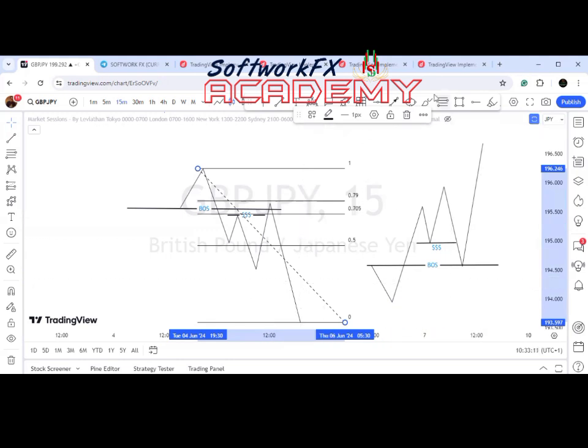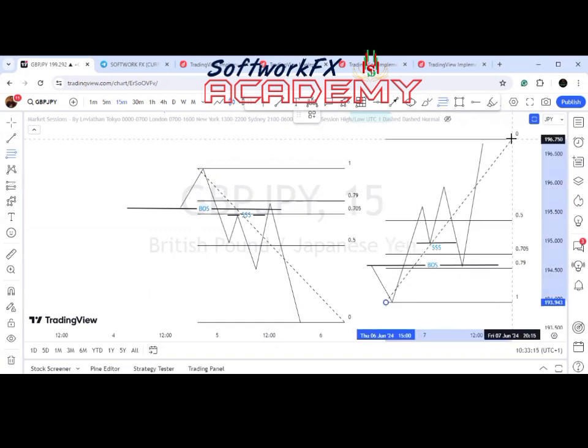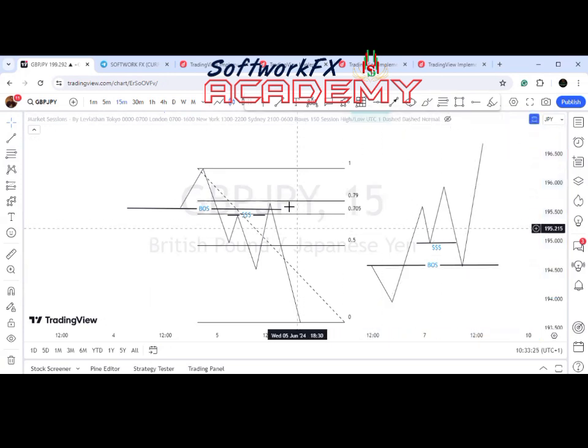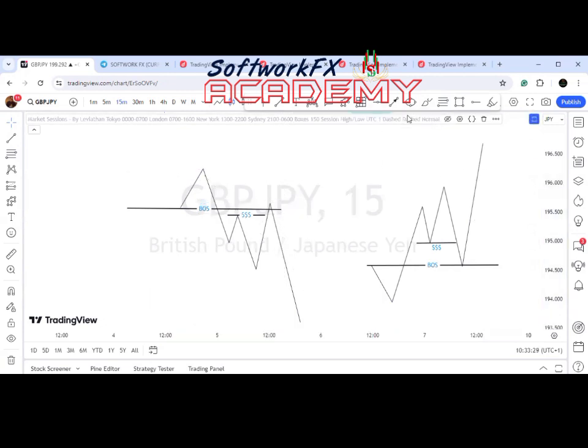In the case of a buy, any price below 50% is a discount zone. For those that don't understand what a premium and discount zone is, do well to watch the video. I broke it down and went into depth with it. So for you to trade a breaker block, it must be within your premium or discount zone.